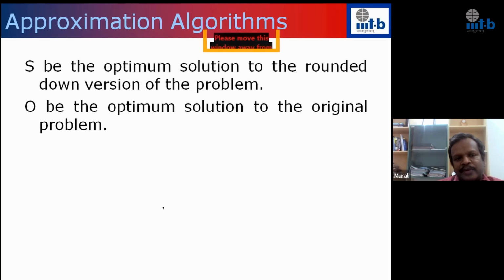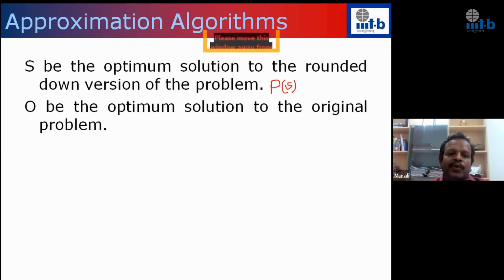The maximum profit that I'm going to get will be denoted by P of S. S is a subset of the items that I'm going to pick. How do you decide which items to be picked? You work on the rounded down version of the problem, use the dynamic program to figure out which items to pick. Now you go back to the original items and pick those items, add them up. That is what P of S is.